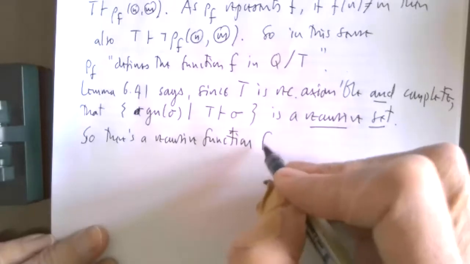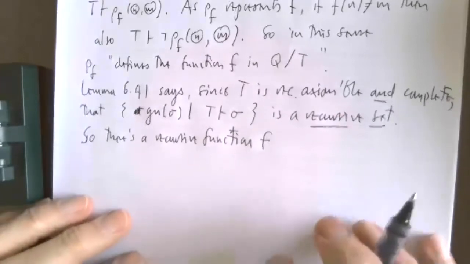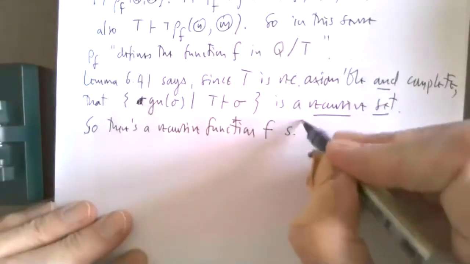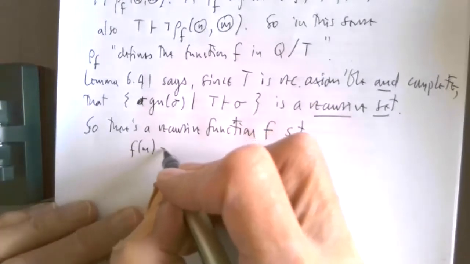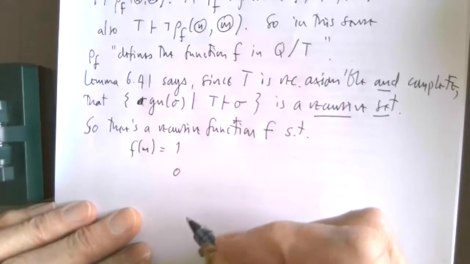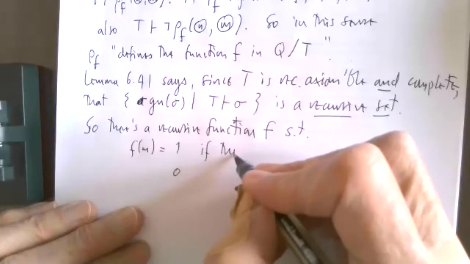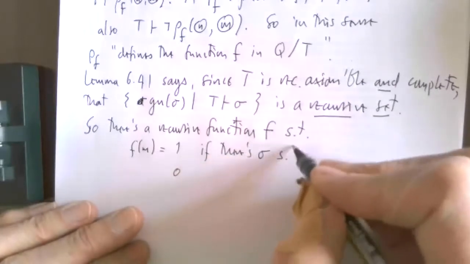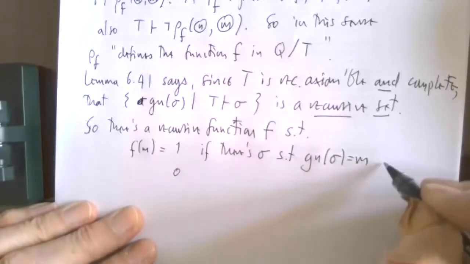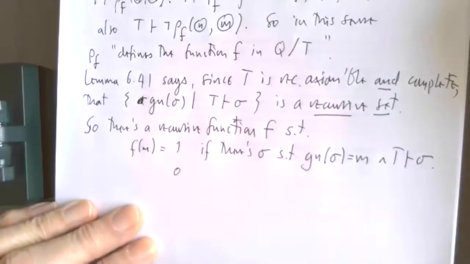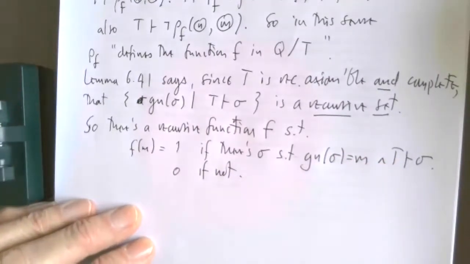So there's a recursive function, well, rather a lot of f's around. Let's call it f still, to stick with the notes. So to spell this out, f of m is 1 if there's sigma such that the Gödel number of sigma equals m and T proves sigma. And it's 0 otherwise.